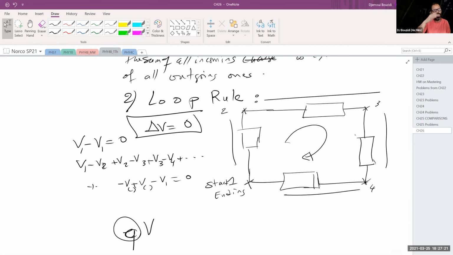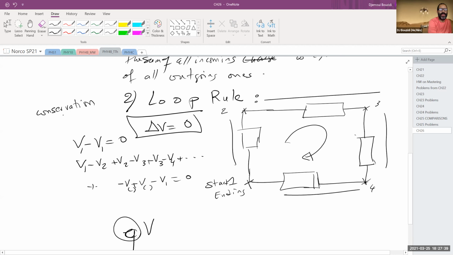The gravitational one has to do with g times y; in this case it is the electrical potential energy. So this loop has to do with the conservation of energy. And that is in a nutshell what we're doing with these things, okay?